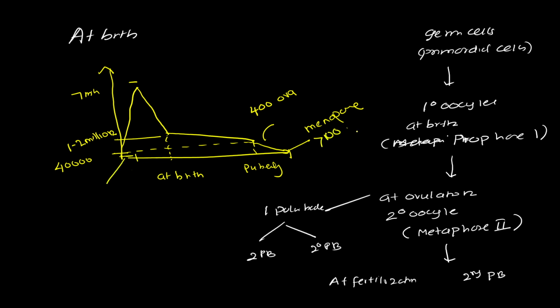Still it's not zero; there are certain clinical reports of ovulation happening and women having kids, but it's very rare. So at menopause fewer than 100 primary oocytes are available. Because of this reduced number, it has been assumed that it might play a role in the age at which women attain menopause.